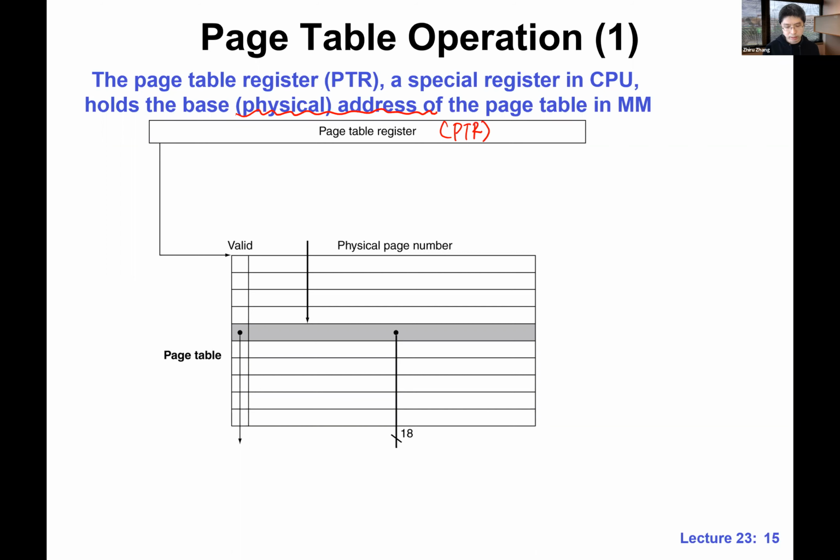If that's the case, then the page table register holds the address 10,000. That's a physical address. And from here we can index the first PTE, PTE 0, page table entry 0. The address for that one is held in this page table register. That's the purpose of this special register.